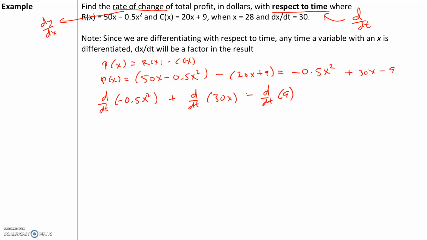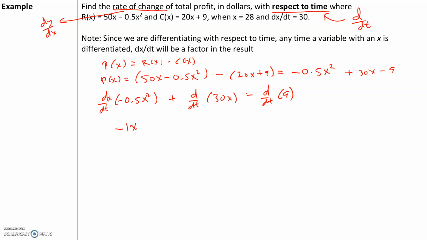Okay, so let's go ahead and simplify this. If I multiply 2 times negative 0.5, that's going to be a negative 1. And then the power drops down a degree, we get negative 1x. But remember, whatever variable you're taking the derivative of, always put it here. So then I have left dx dt times negative 1x. The derivative of 30x is going to be 30.